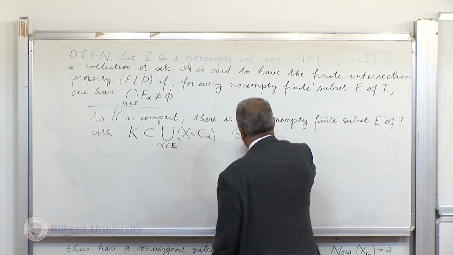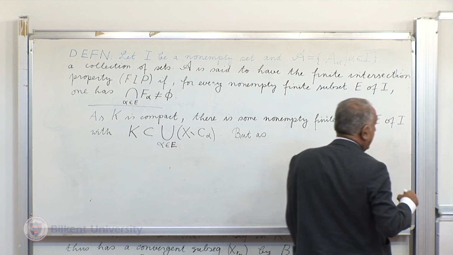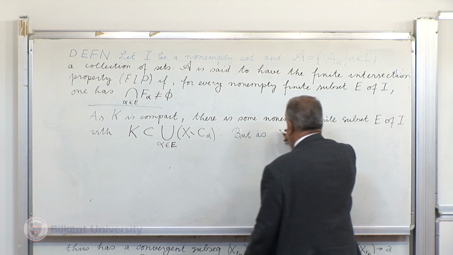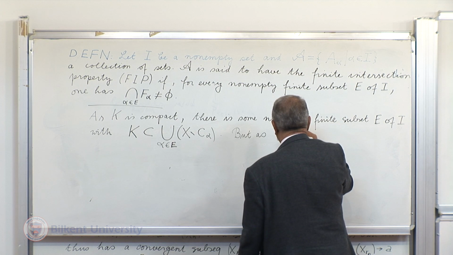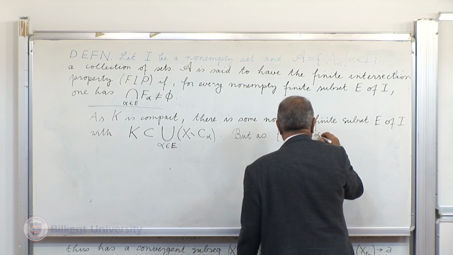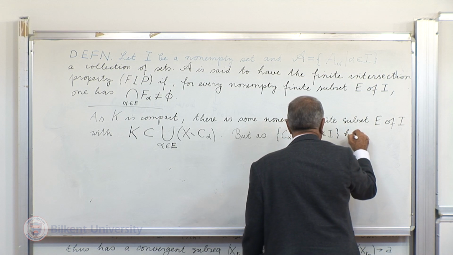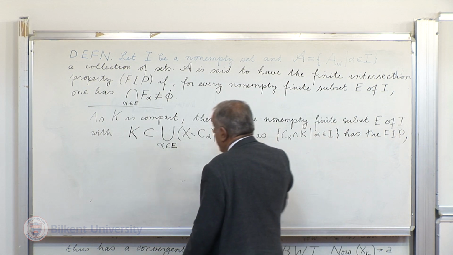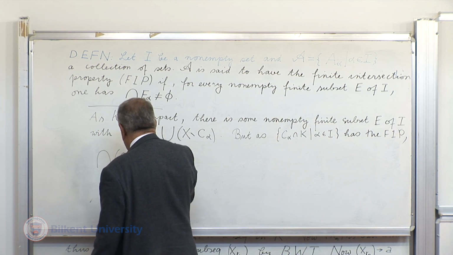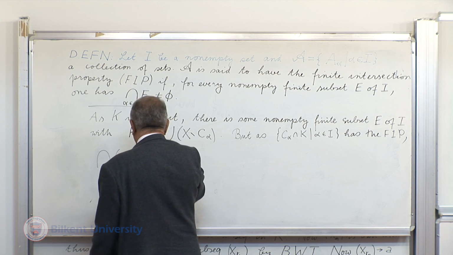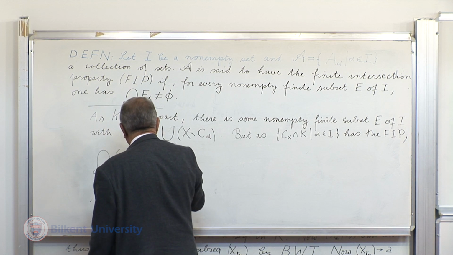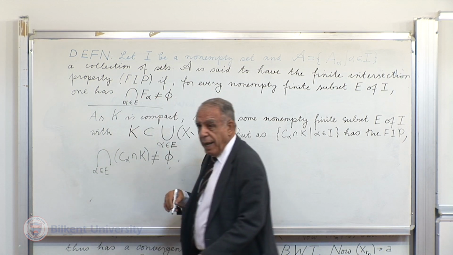But as this collection has the finite intersection property, the intersection of C alpha intersection K's when alpha is in E will be non-empty.